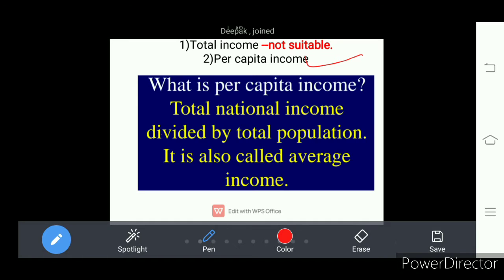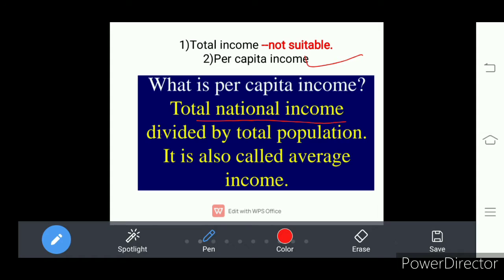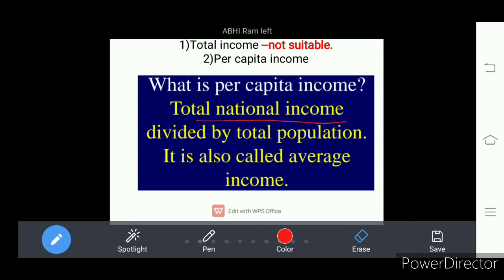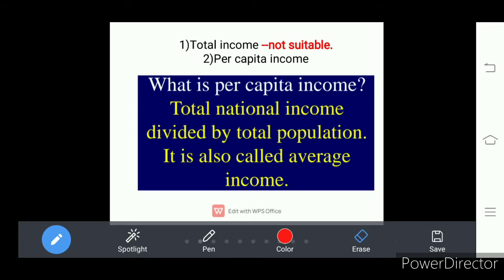When you divide the national income by its population, we get a per capita income. So in place of total income, now we are taking another criteria, per capita income, to compare the nations or states. Let us see whether per capita income is suitable for comparison or not.